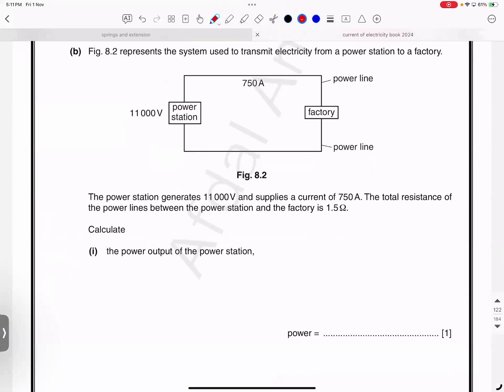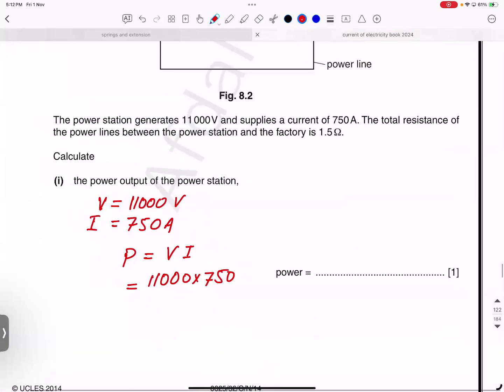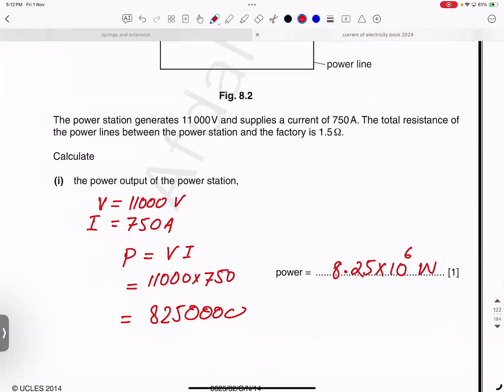Power output of the power station. Easy. You have the voltage of the power station. You have the current of the power station. So P is equal to VI, 11000 times 750, which is 8.25 times 10 power 6.